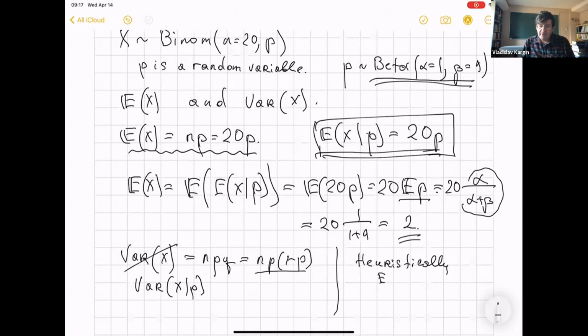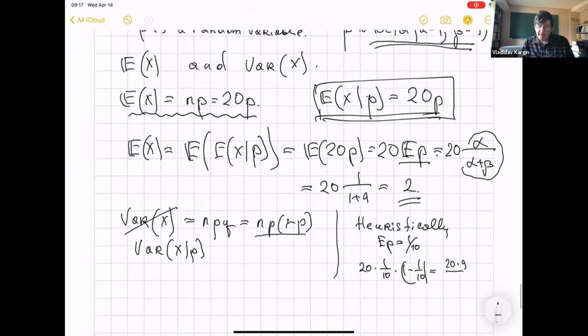E of p is equal to 1/10. So we would put out something like 20 multiplied by 1/10 multiplied by 1 minus 1/10. So what is it? It's equal to 20 multiplied by 9 divided by 100.